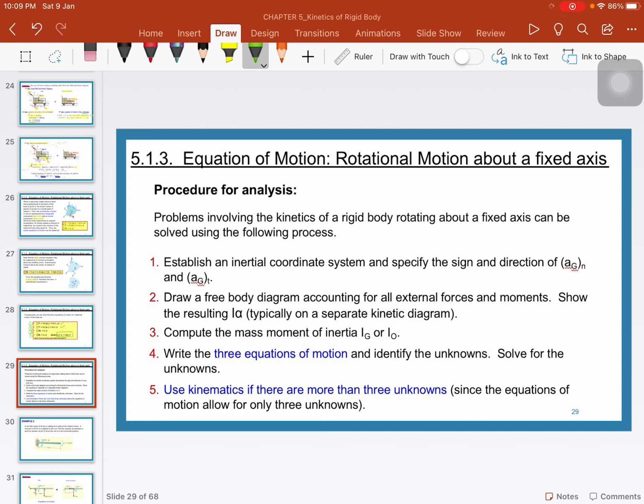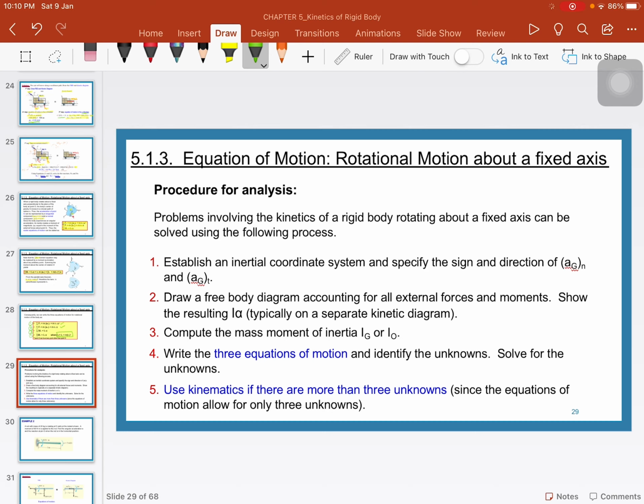So how do we solve problems on rotation about a fixed axis? Procedure for analysis: problems involving the kinetics of a rigid body rotating about a fixed axis can be solved using the following process.